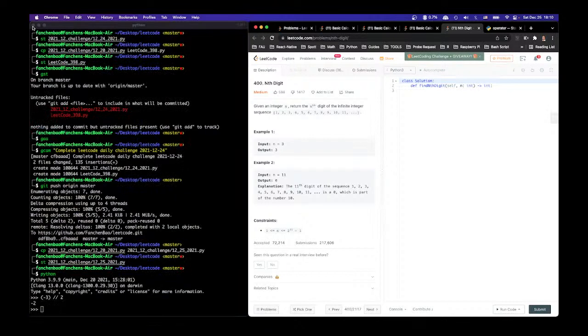I mean, like I said, I think given an n, right, we should be able to say, okay, 1-digit values, right? 1 digit is from 1 to 9, that is 9 digits. 2 digits, 10 to 99. How many is 10 to 99?